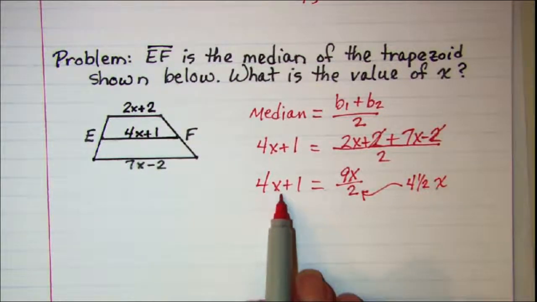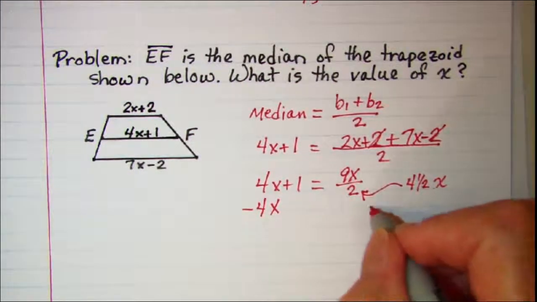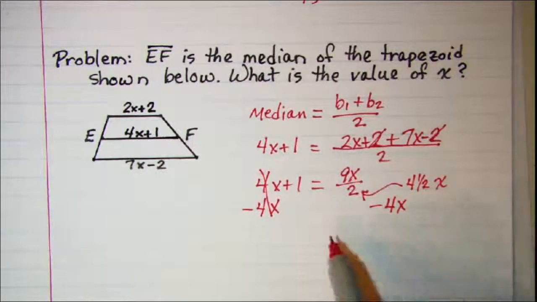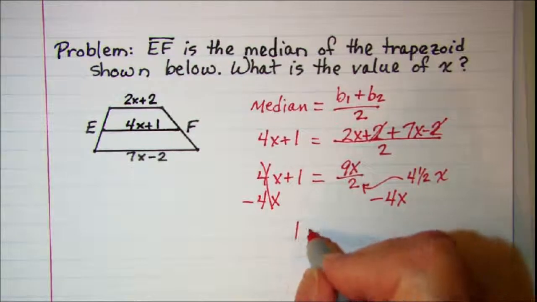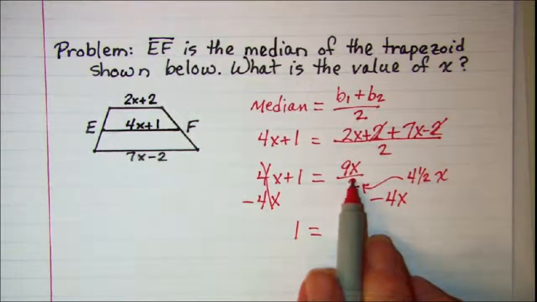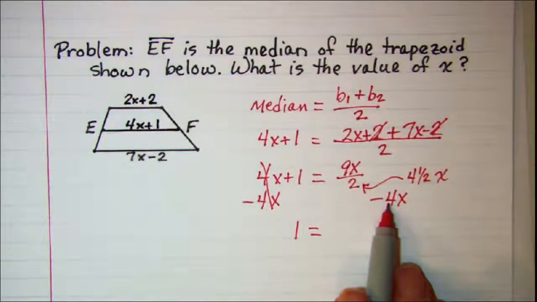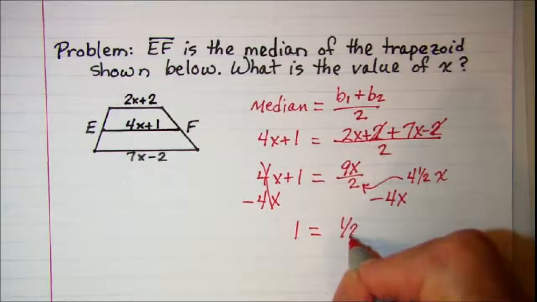So we can subtract 4x from both sides. This will cancel. And on the left, I have just the 1 left. And then this number was 4.5x. And if I subtract 4x from that, I now have just a half an x.